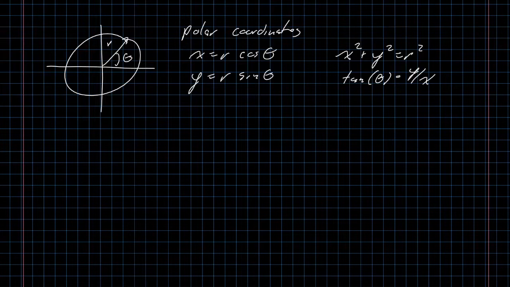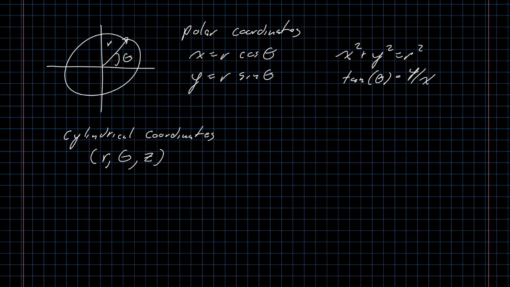So instead of having just an r and a theta for polar coordinates, what if we also include a value for z? With that, you can find any point on a right circular cylinder, and that's why we call these the cylindrical coordinates, or if you want to be fancy, the cylindrical polar coordinates.